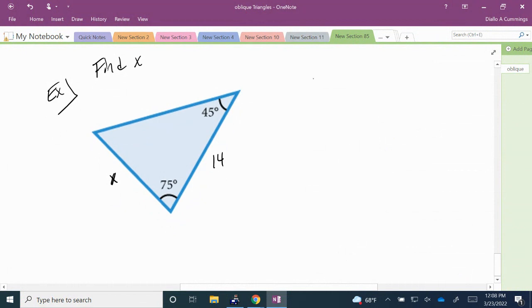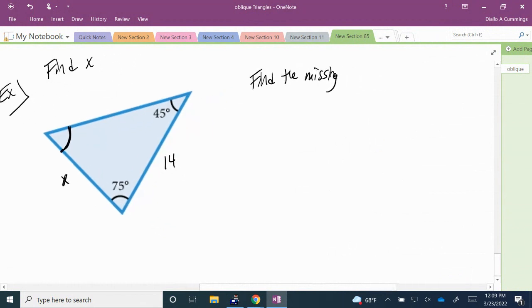So what we're going to do first is find this missing angle measure, and we're going to use the sum formula. That missing angle measure equals 180 degrees minus the sum of the other 2 angles.